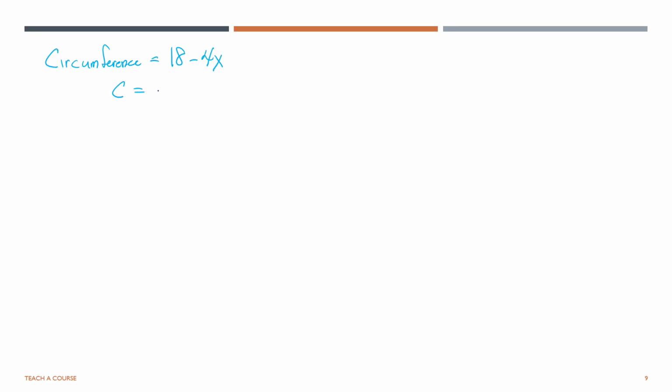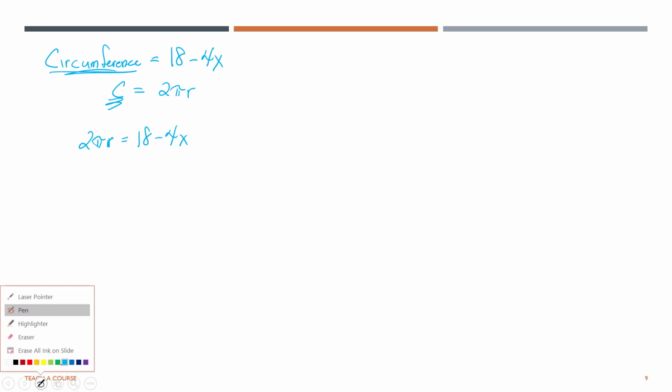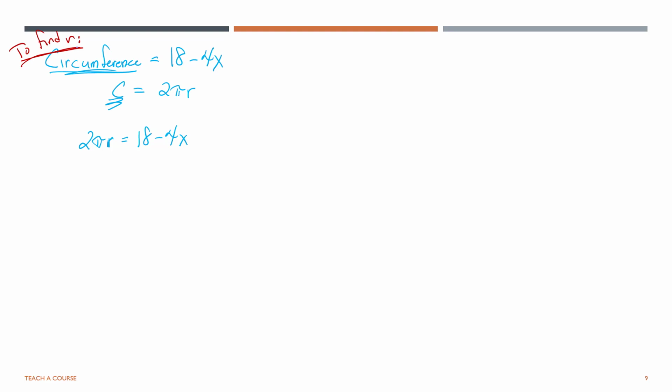And the formula for the circumference is 2 pi r, isn't it? So, if both of these equal circumference, that means, yep, they both have to be equal to each other. Since they both equal circumference, they both have to equal each other. And we're doing this so we can find r. Okay, so to get r by itself, you simply have to divide by 2 pi, don't you?